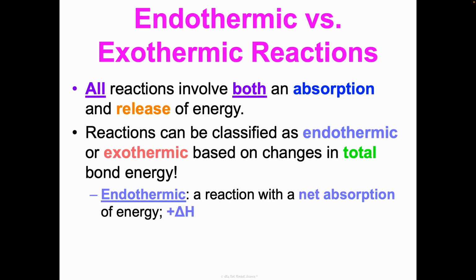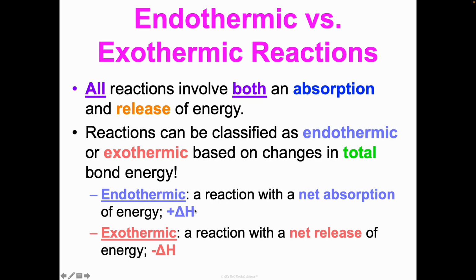So an endothermic reaction is a reaction with a net absorption of energy, because yes, energy is being absorbed and energy is being released in the reaction, but overall more energy is absorbed than is released. And we see that we get a positive delta H in an endothermic reaction, which I'll explain what this means in just a minute.